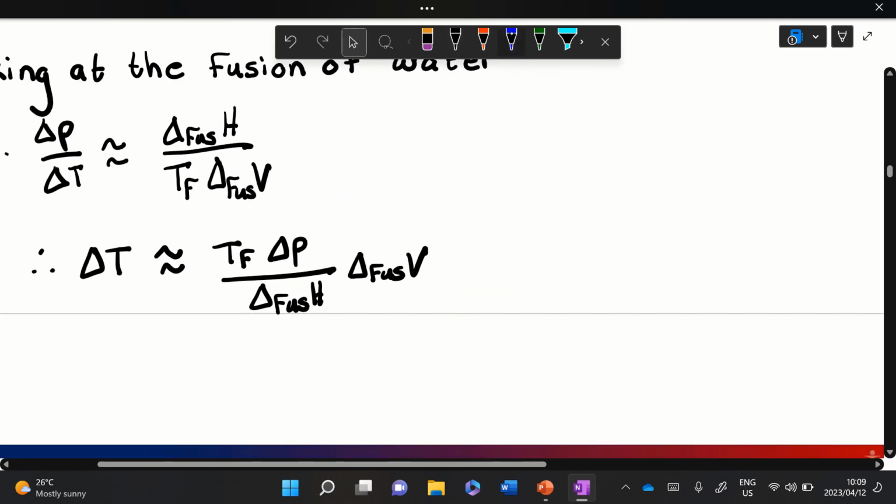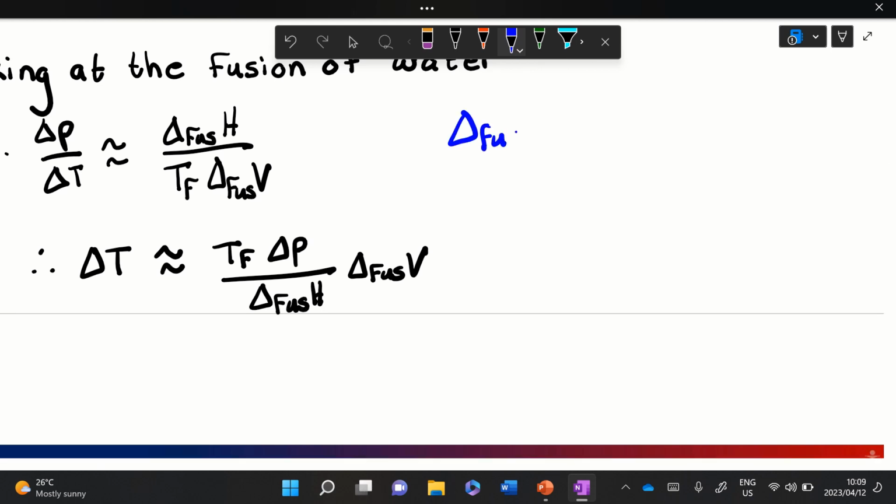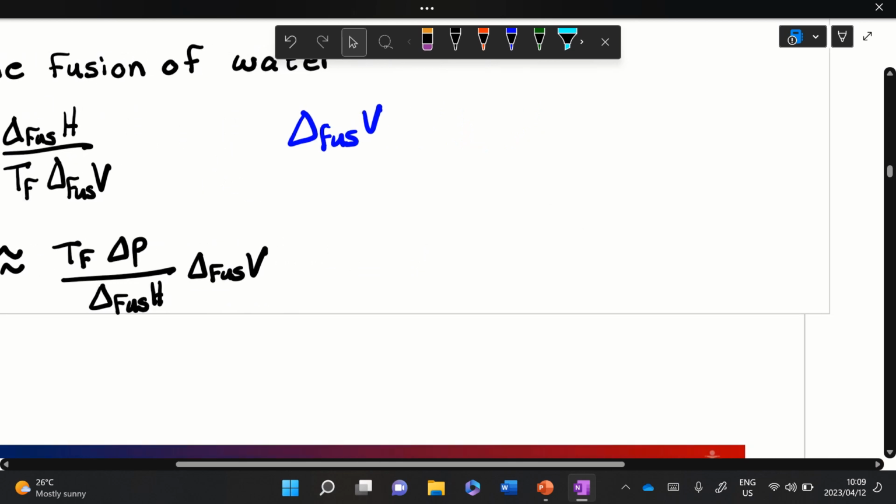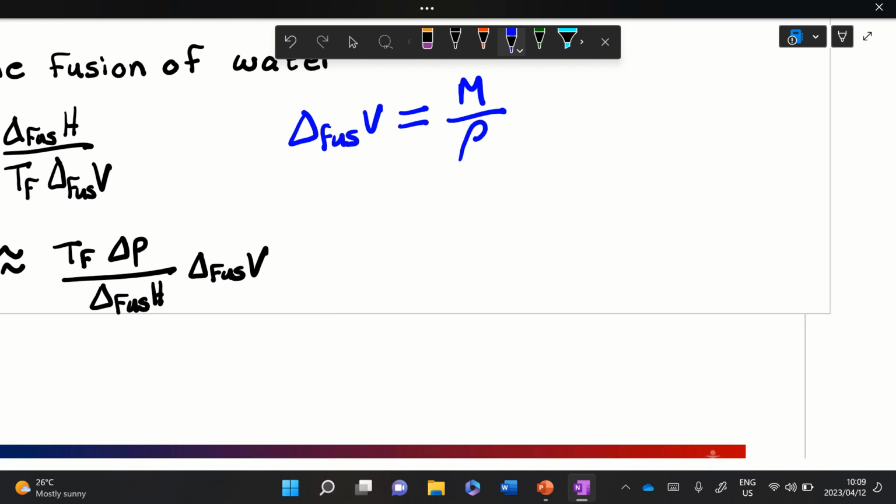And just as a side note here, what is the change in fusion molar volume, or the molar volume of fusion? Remember, that is the molar mass divided by the mass density of the liquid minus the mass density of the solid. That's the change that we're dealing with.